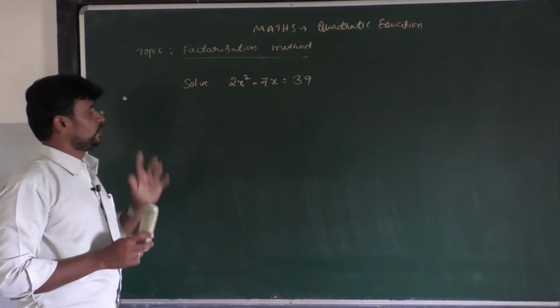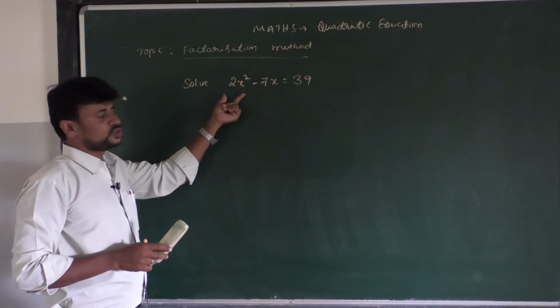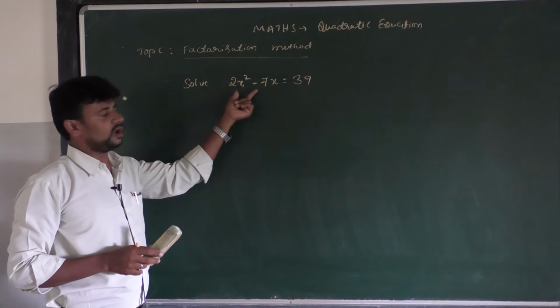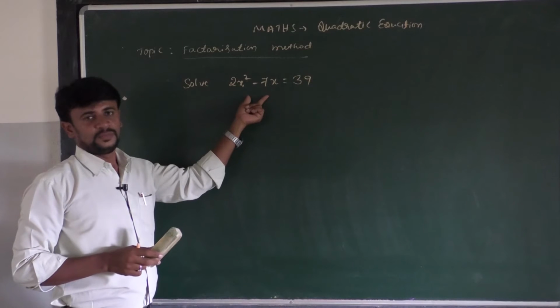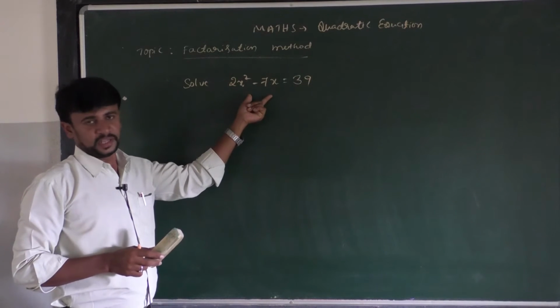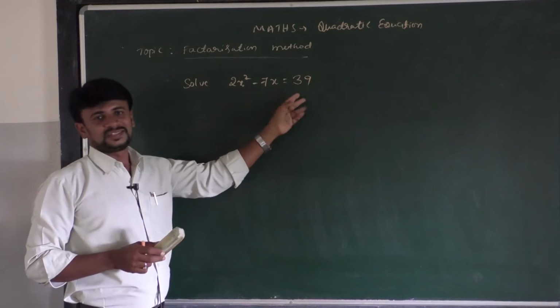All of you look at the board. Children, to solve any equation, first the question should be in the form of a quadratic equation. All of you observe here, it is not in standard form.